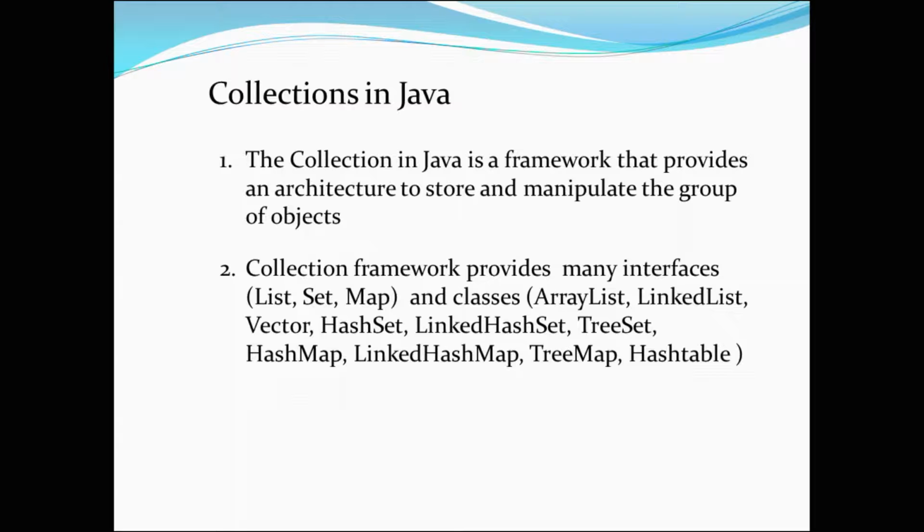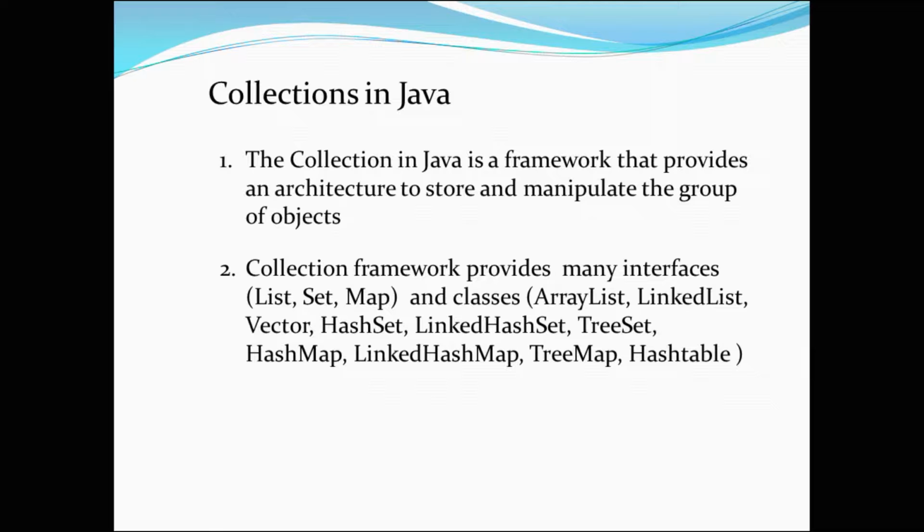List collection classes are ArrayList, LinkedList, and Vector. These collection classes are ordered collection classes, in the sense that whatever order we insert into the collection class, the same order will be stored internally.